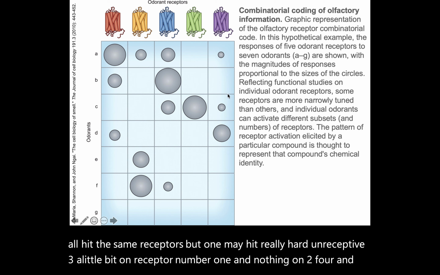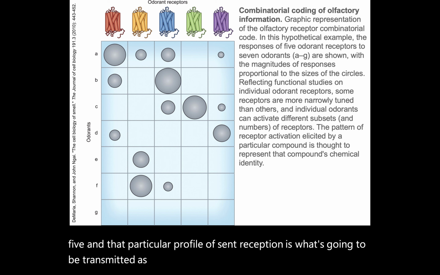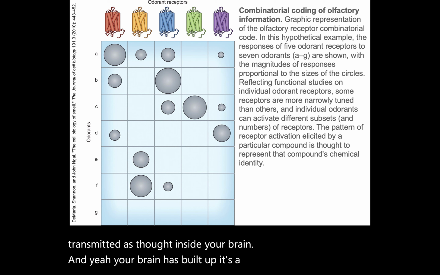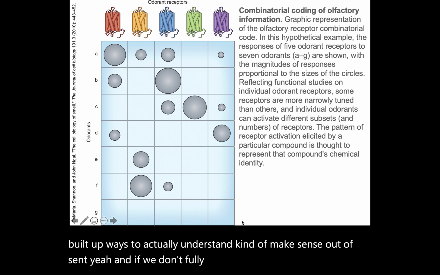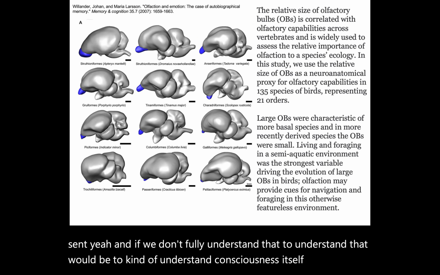And that particular profile of scent reception is what's going to be transmitted as thought inside your brain. And your brain has built up, it's a really cool computer, and it's built up ways to actually understand, kind of make sense out of scent. Yeah, and if we don't fully understand that, to understand that would be to kind of understand consciousness itself. But people are working on that.